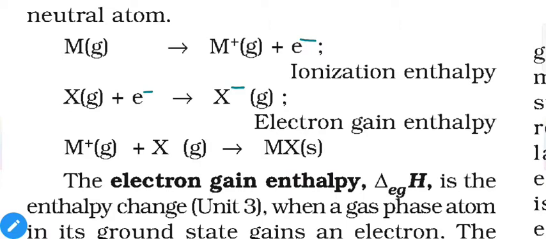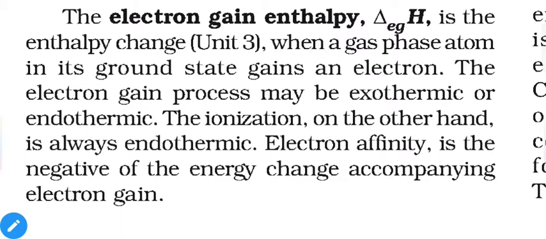Now the positively charged metal ion and the negatively charged anion in gaseous state will combine with each other to give us the ionic compound. The electron gain enthalpy, delta EGH, is the enthalpy change. The description of this will be discussed in the thermodynamics unit.